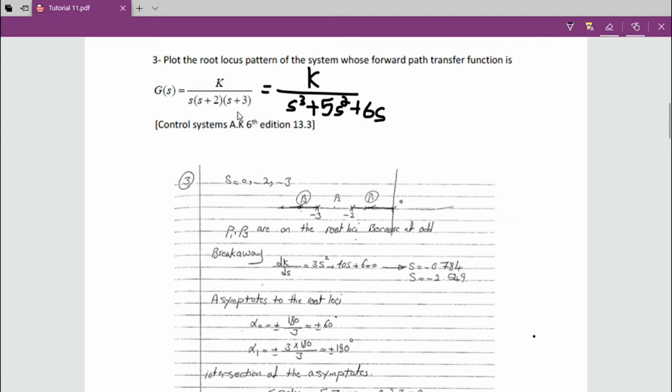For the real axis segments, again what you need to do is list down your poles and zeros, taking the points one by one and numbering them as you go from right to left on your real axis. Your branches will exist on the left hand side of the odd numbered points.